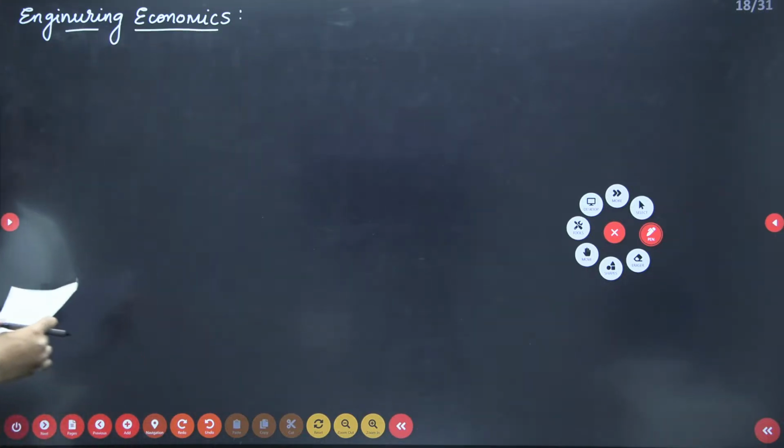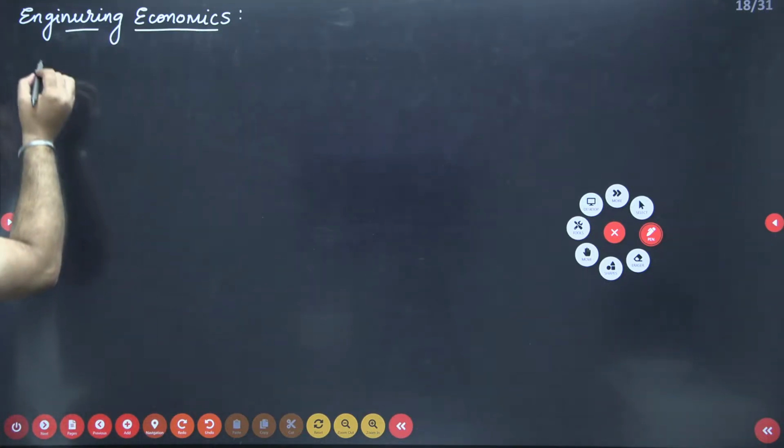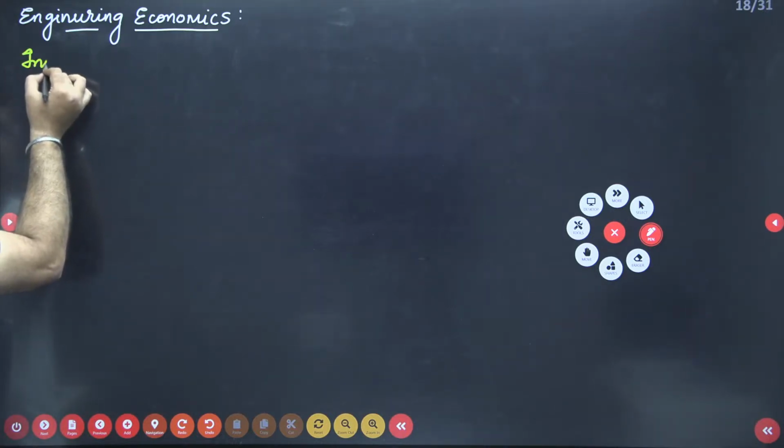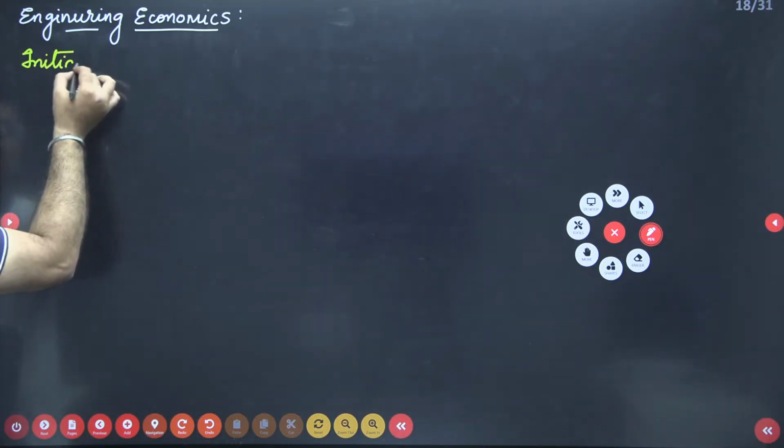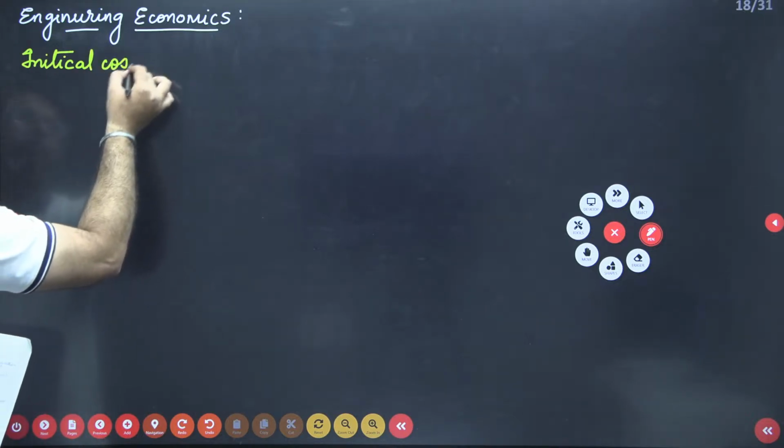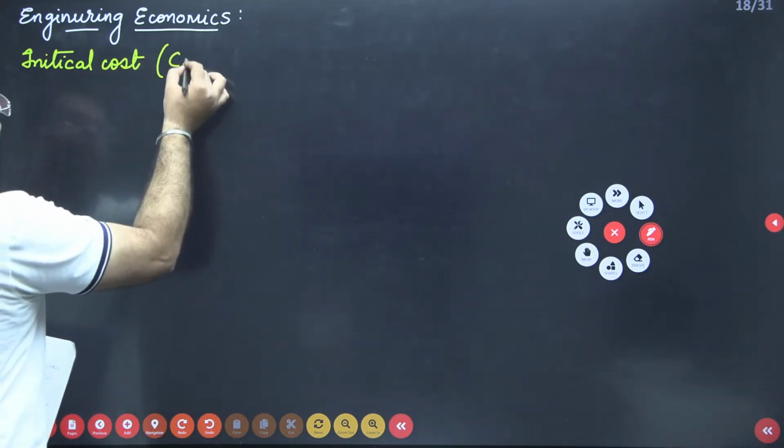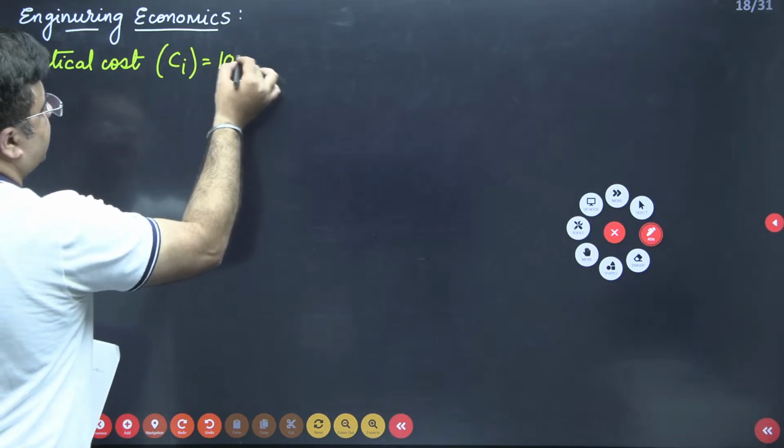The initial cost CI is 1 lakh. This is 1 lakh.